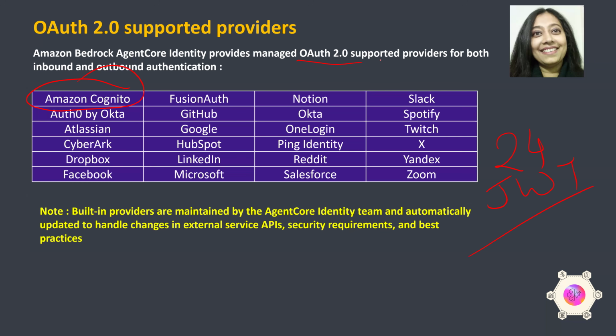And remember, these are some of the built-in providers that are available. These built-in providers are managed by the AgentCore Identity team. They automatically update and handle any changes with the external service APIs, security requirements, and best practices. So all that you have to do is practically just use them.